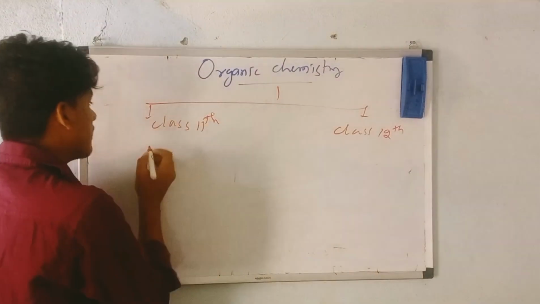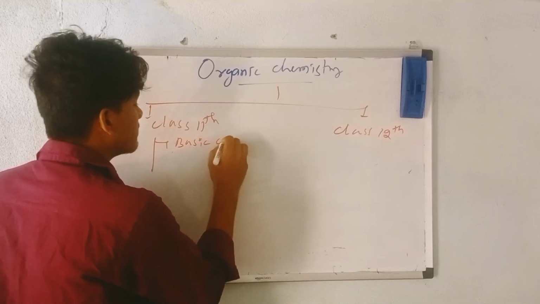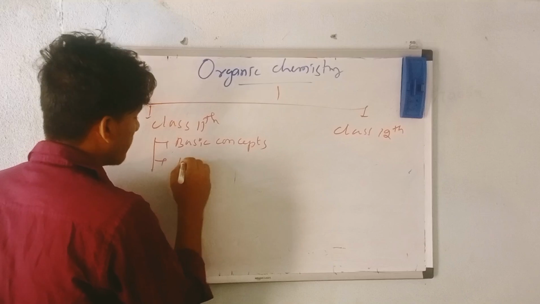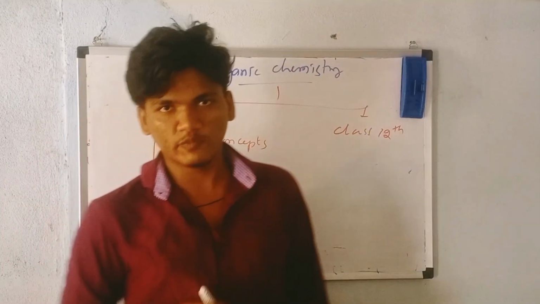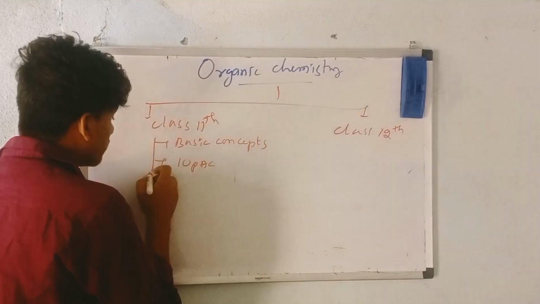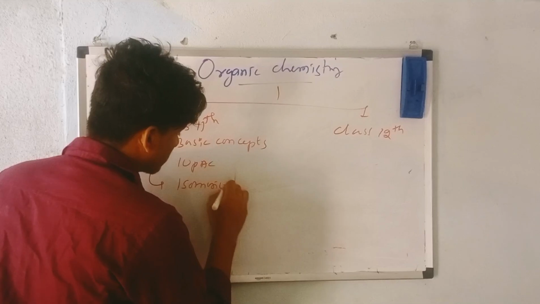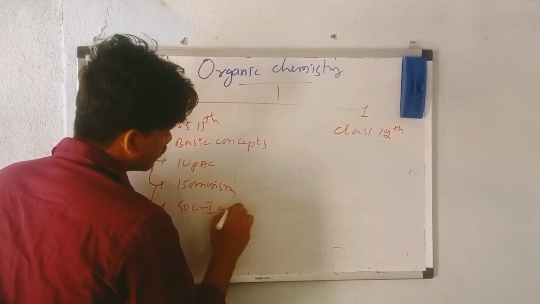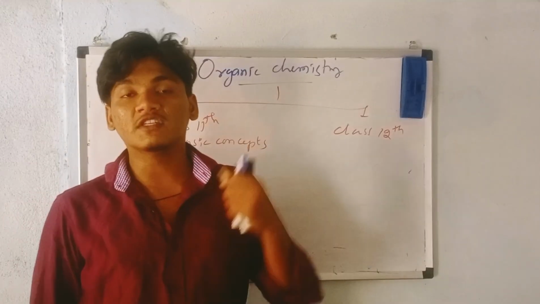In the first year, you discuss basic concepts, and you also discuss IUPAC, which is nothing but naming, how you can name an organic compound. You also learn about isomerism. You also read about GOC1 and GOC2.